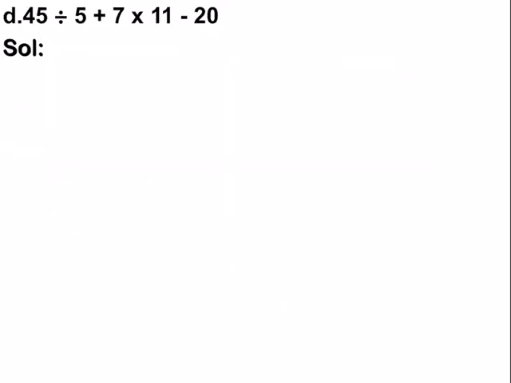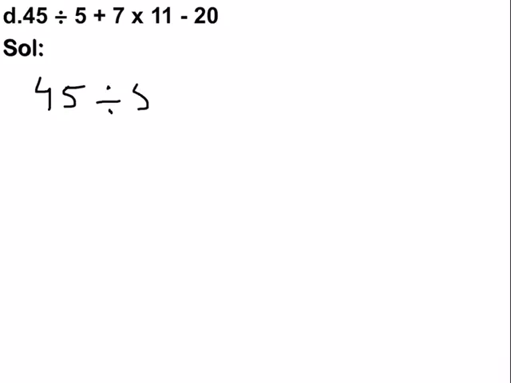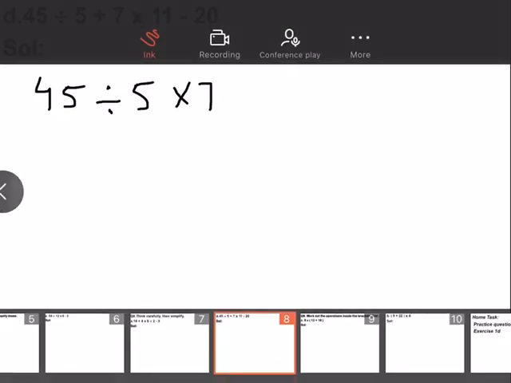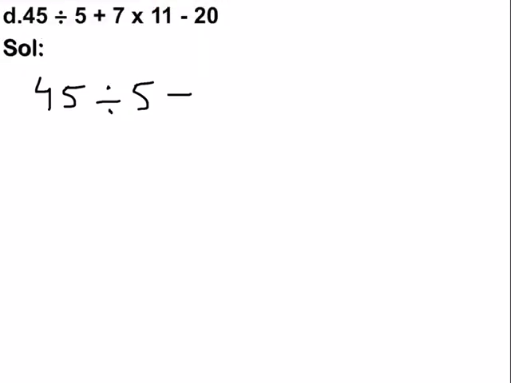And the value of part D is 45 divided by 5 plus 7 multiplied by 11 minus 20.